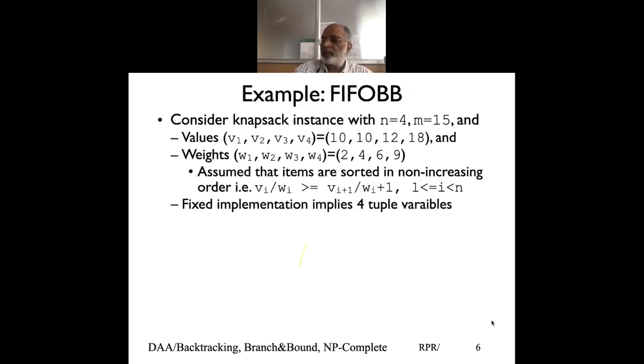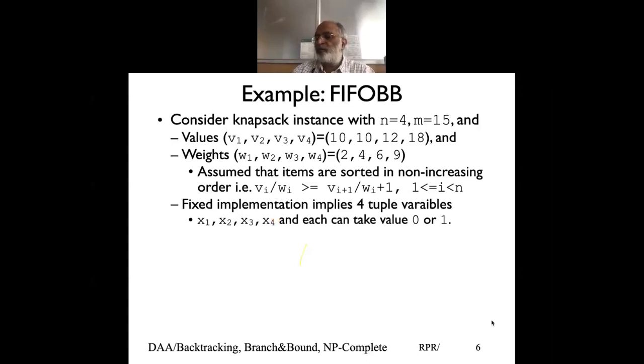You see, the first item's value by weight is 5, the second is 2.5, the third is 2, and the fourth is 2. So we arrange the items in non-increasing, or descending, order.